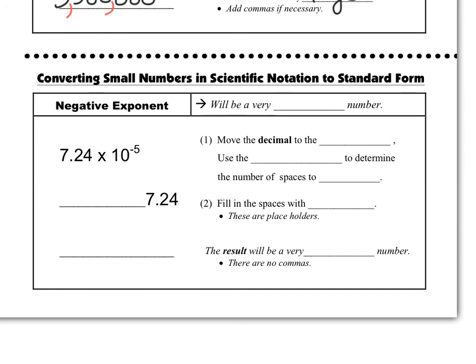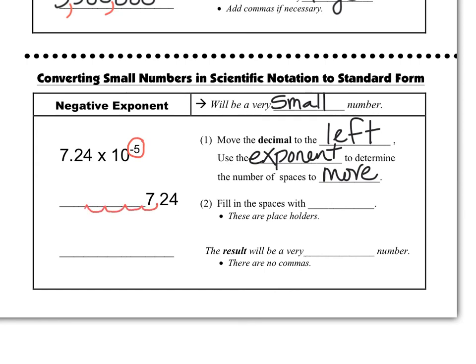So our last example is going to now be converting a smaller number in scientific notation to standard form. So my exponent in this case is negative. A negative exponent will be a small number. So I'm going to move the decimal point to the left, and I'm going to use my exponent of -5 to determine the number of spaces to move. So let's go ahead and move the decimal to the left 5 spaces because I have an exponent of -5. So 1, 2, 3, 4, and 5.